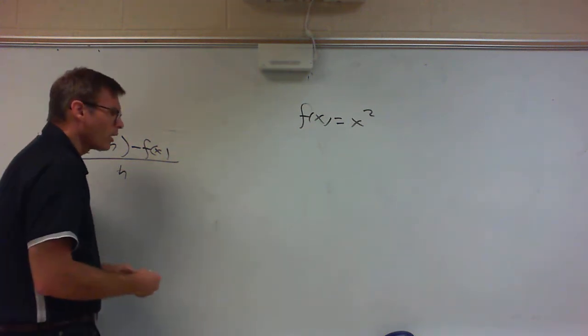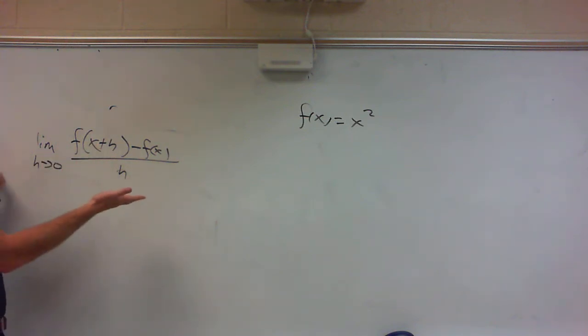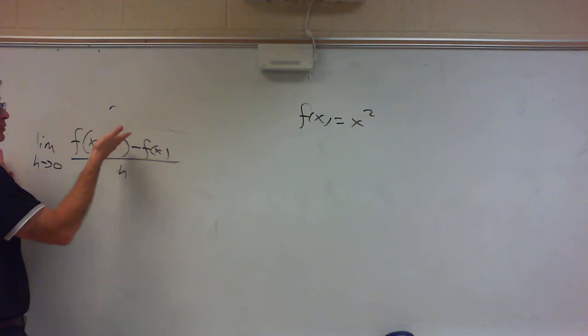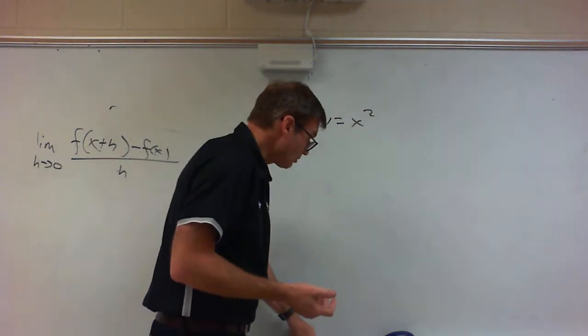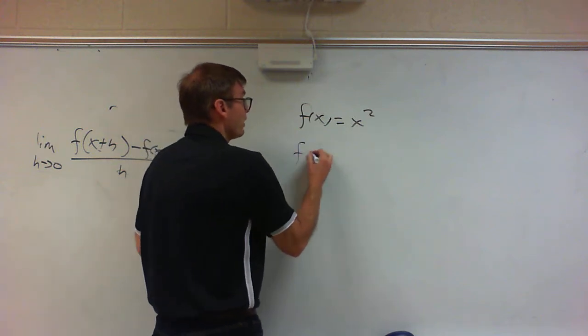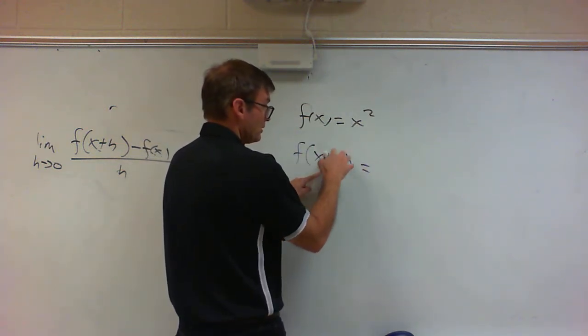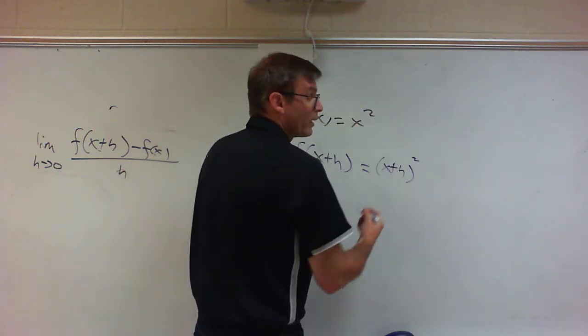So here's how it works. If I want to compute the slope of any function, I do the limit as h goes to 0 of f of x plus h minus f of x, over h. So I know what f of x is. I need to know what f of x plus h is. Well, magic box, I'm going to stick this in for the x squared. That's going to give me x plus h squared.